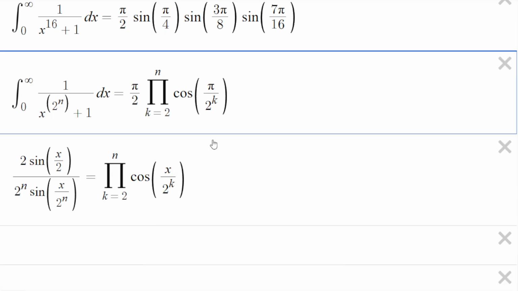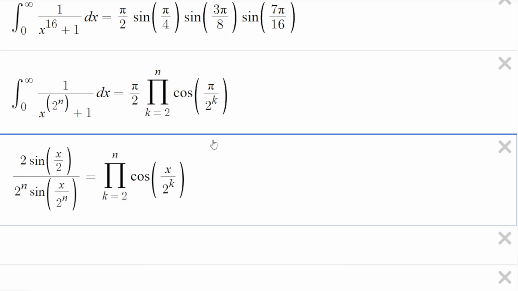And now let's take a look. These are almost exactly the same, except, oh dear. Nope, we're good. Okay, so now let's manipulate this again. If this is true for all x, it's going to be true for x is equal to pi. So let's just plug in pi. So this is true.